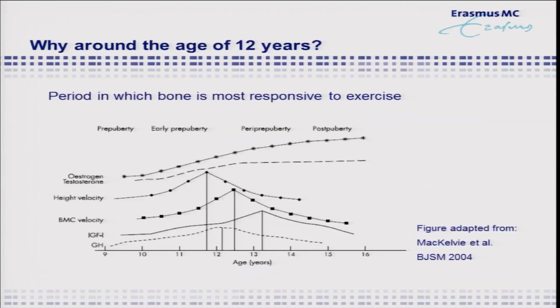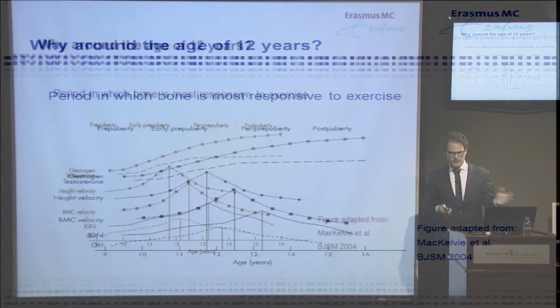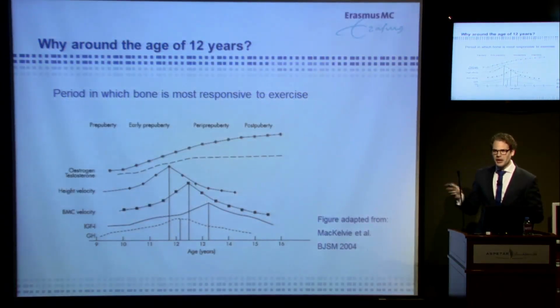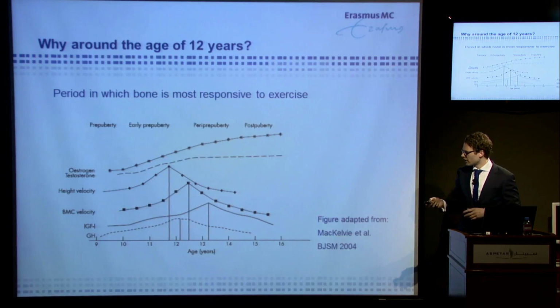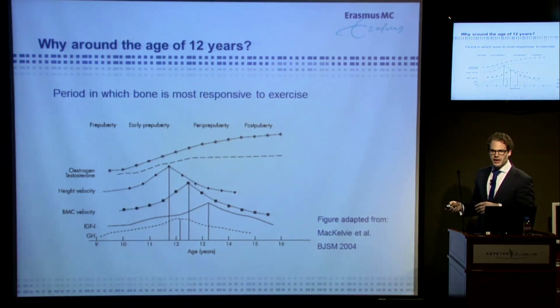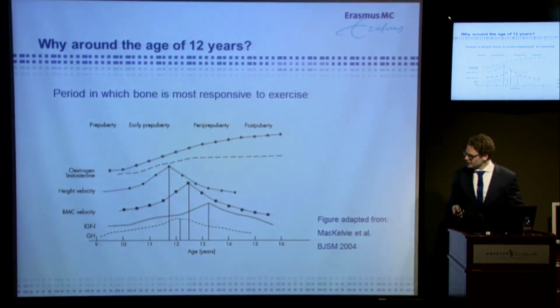So why around the age of 12 years? Do we have explanations for why bones adapt in this specific time period? Well, this might be partly an explanation. At around the age of 12 to 13 years, and especially in boys, there's a second growth spurt. In females, it might be somewhat earlier.